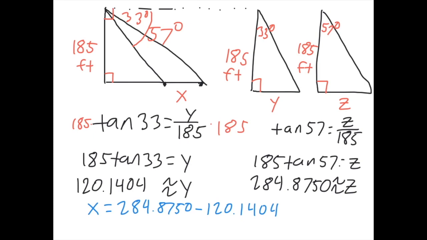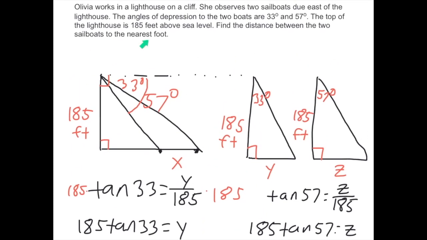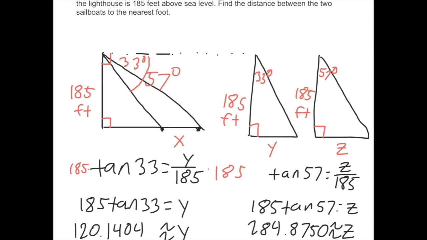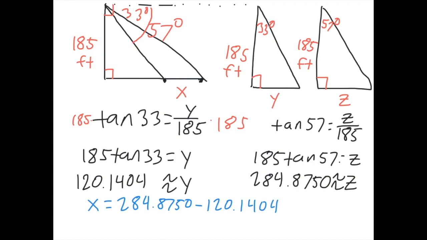And just a reminder, they wanted it to the nearest foot, so that means we have to round our answer. 284.8750 minus 120.1404 will give 164.7, and so that would round to 165, the nearest foot. So after all that, this is our final answer.